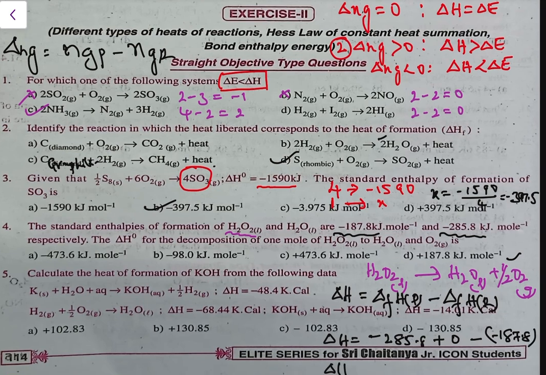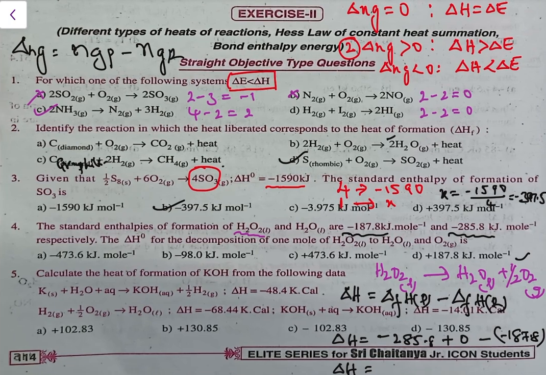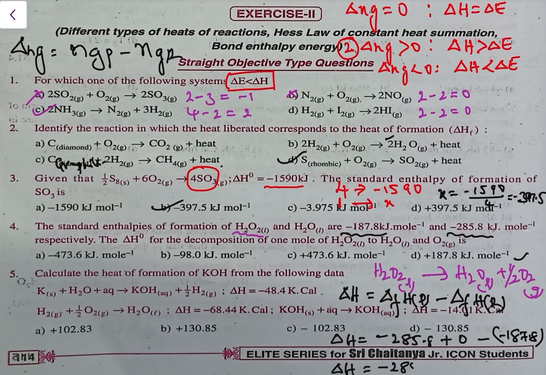So delta H is equal to minus 285.8 plus 187.8. By simplification of this, we get minus 98.